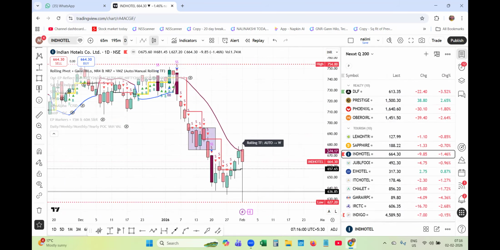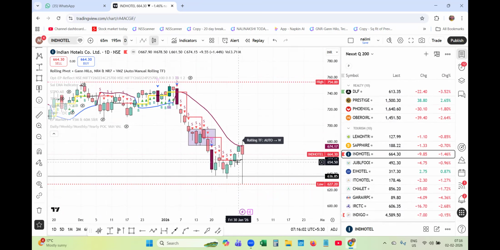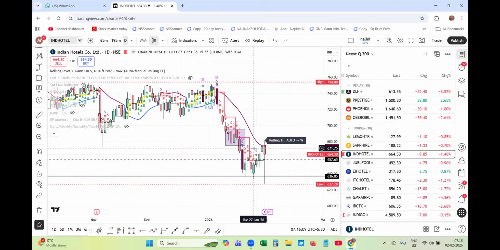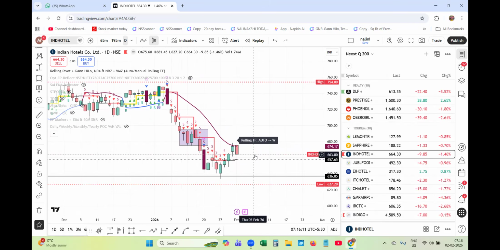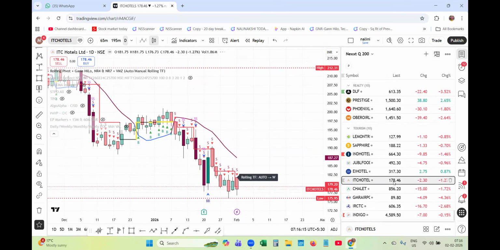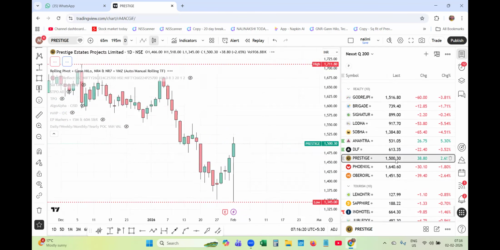Indian Hotels, we can consider, it is making an attempt above the pivot. Pivot is still neutral, though it has closed. There is a chance of reversal in this Indian Hotels. And ITC Hotels, no. So few stocks you can consider.